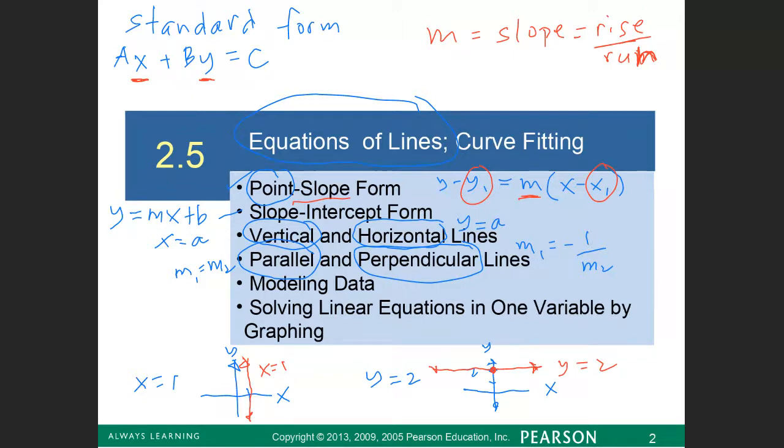Let's make a summary for all those formulas. We did a summary last time on the previous section, so we'll make a summary again. If you're talking about lines, you're talking about the slope of the line, which is equal to m, and this is equal to rise over run.